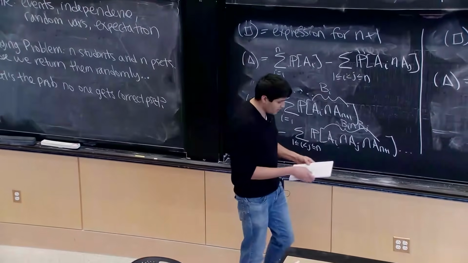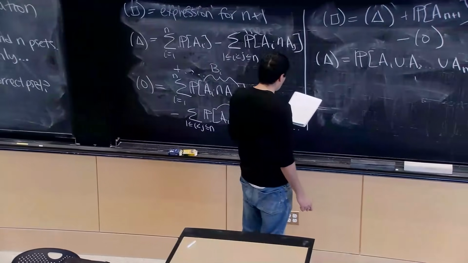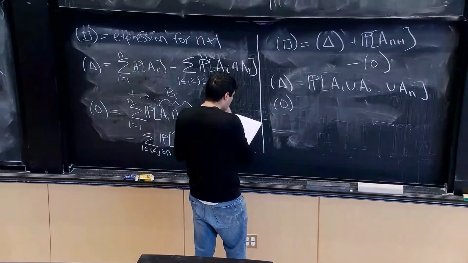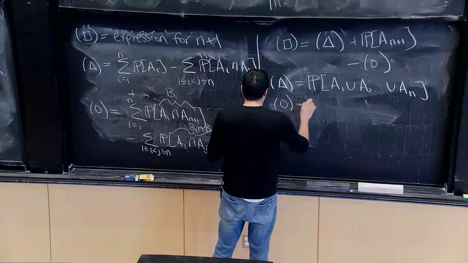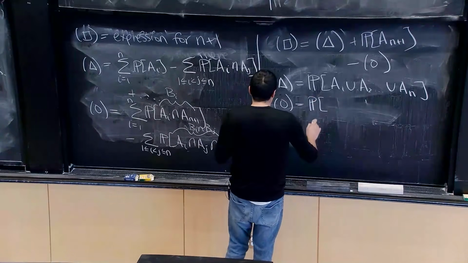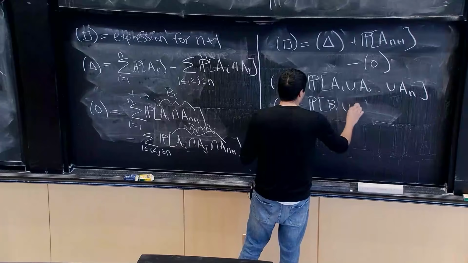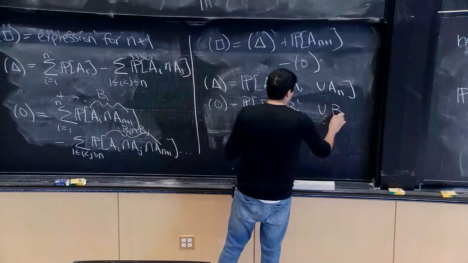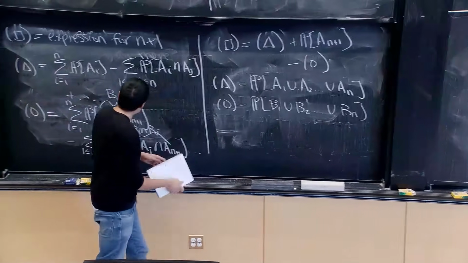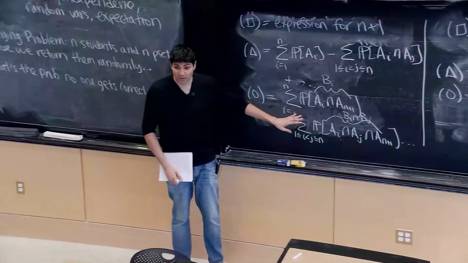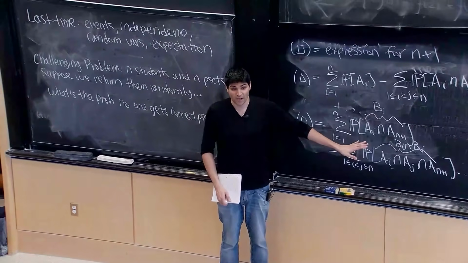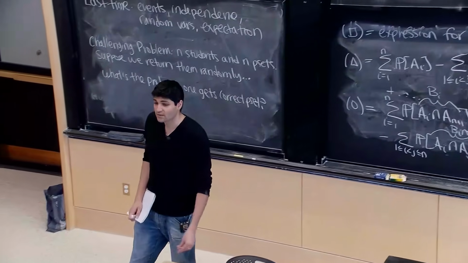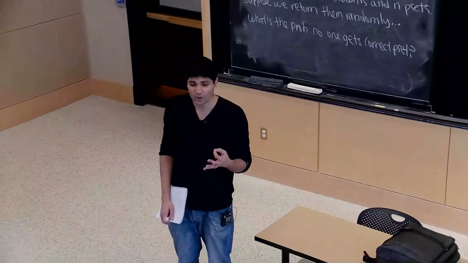And now all of a sudden we're in good shape. Because what I claim now is that the circle has a very nice definition, which is that the circle is the probability of B_1 union B_2 all the way up to union B_n. That's literally the same structure I have here. This is the same inclusion-exclusion formula I had before. I just had to squint and figure out what are the new events on which this is expressing inclusion-exclusion.